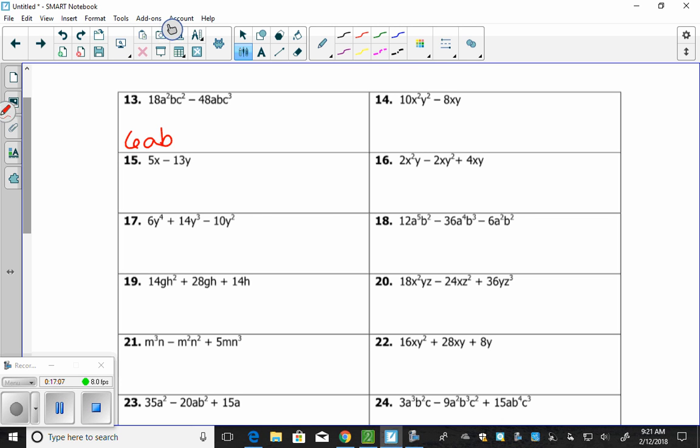How many C's do they have in common? How many's right here? 4. There's 2 here. How many's right here? 3. So how many do they have in common? 2.